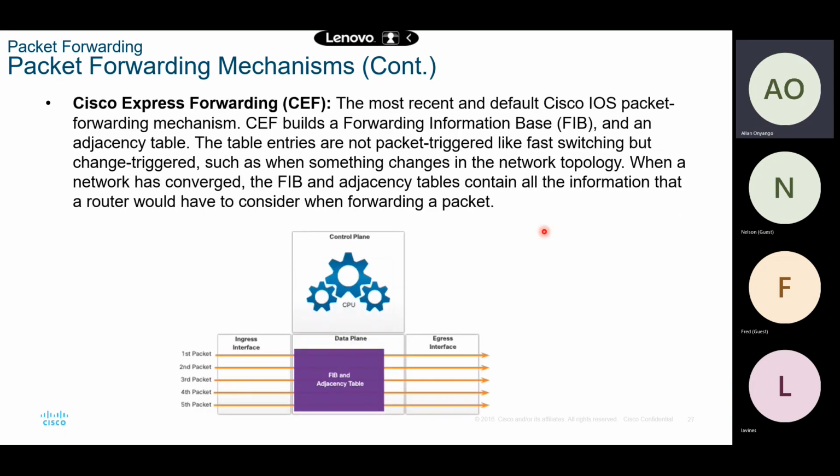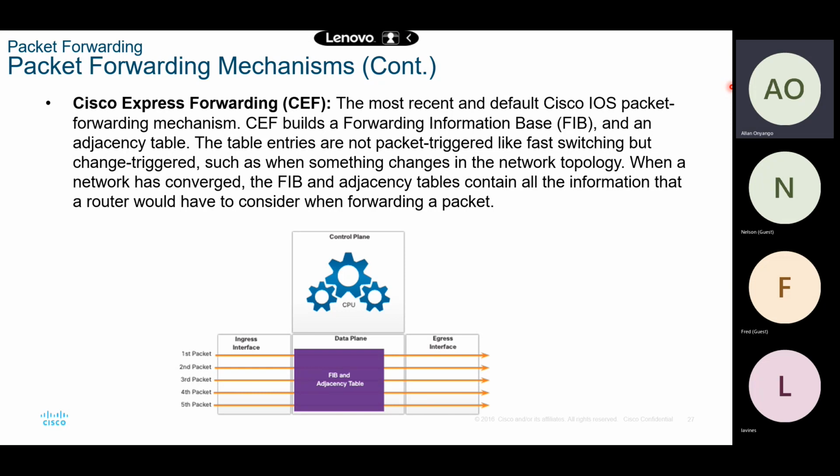The information of forwarding that packet will actually be reused to forward similar packets to the same destination. But we do have this last method here, which is called Cisco Express Forwarding. It is the most recent in most current Cisco IOS devices. And this particular one is normally implemented using two tables. There's a FIB table, which is the Forwarding Information Base, and there's an adjacency table.